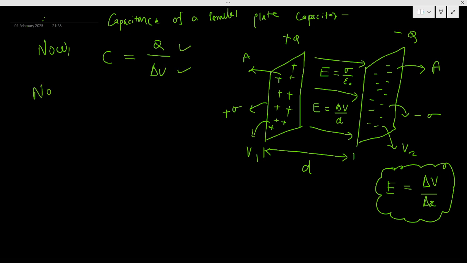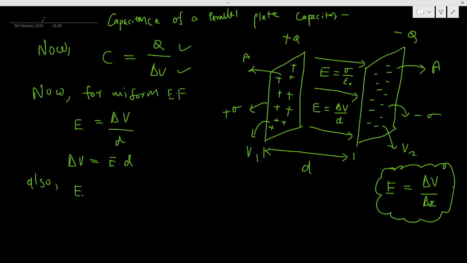So first, for a uniform electric field, E is equal to delta V by D. What is delta V? Delta V is ED. Also we know that E is equal to sigma upon epsilon naught. Now just put the value of E. So what do we get? We get delta V.